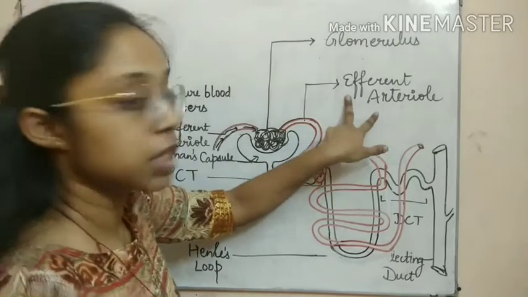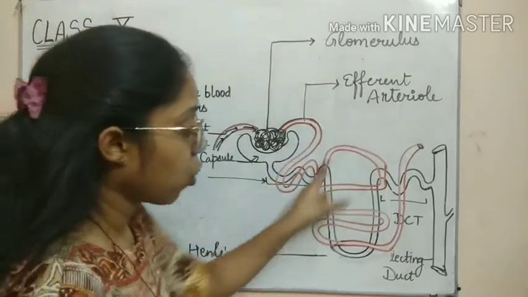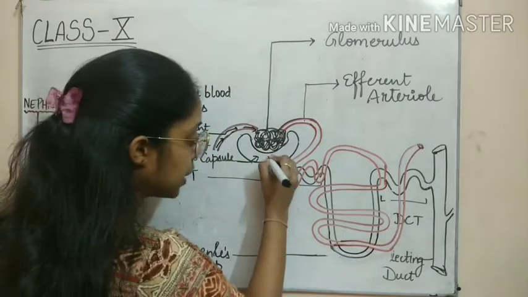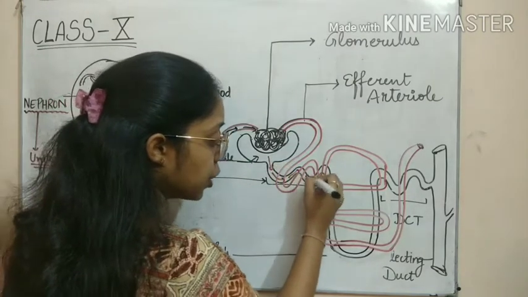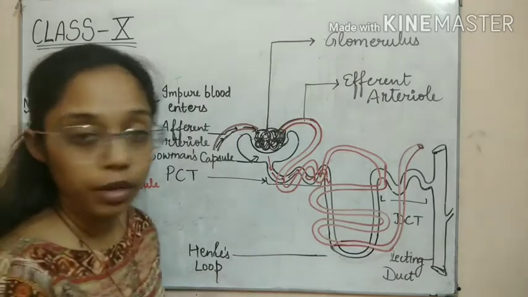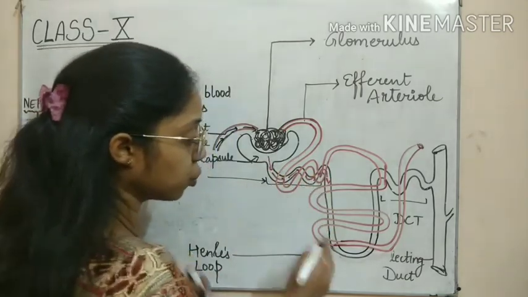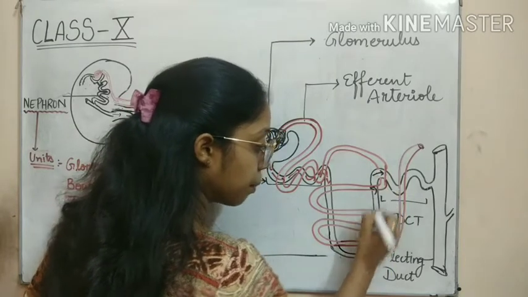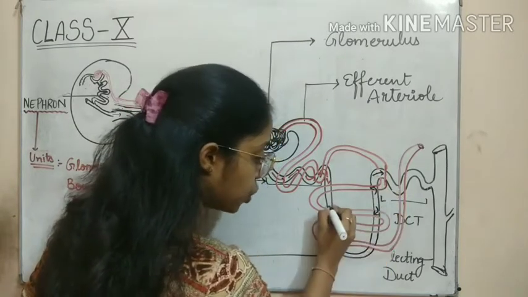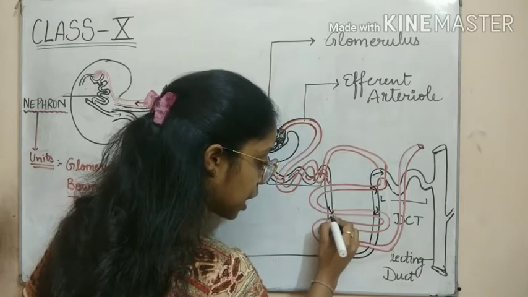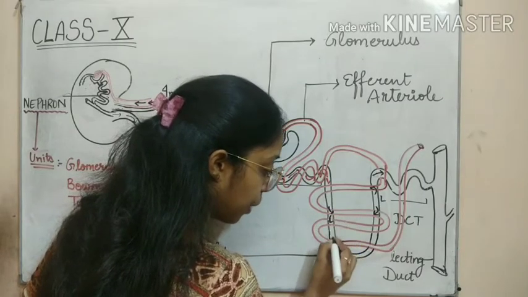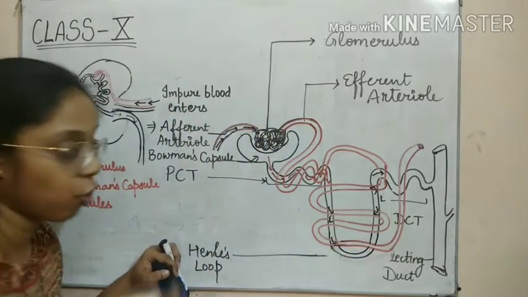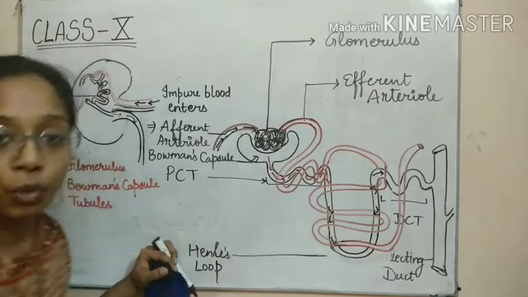So this efferent arteriole coils around the tubular structure of nephron, and while passing through this tubule, the useful products that were passed on into the tubule are returned to the blood. That means from this black tubule, that is the tubule of nephron, to the efferent arteriole.